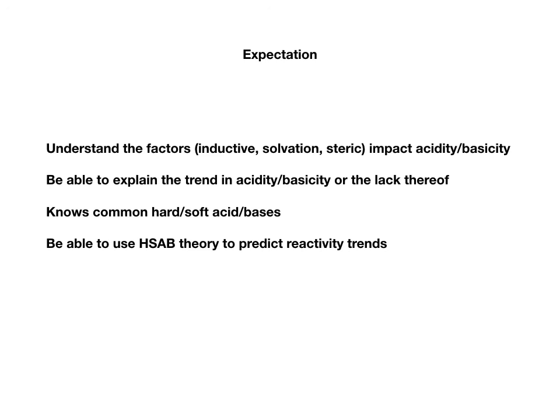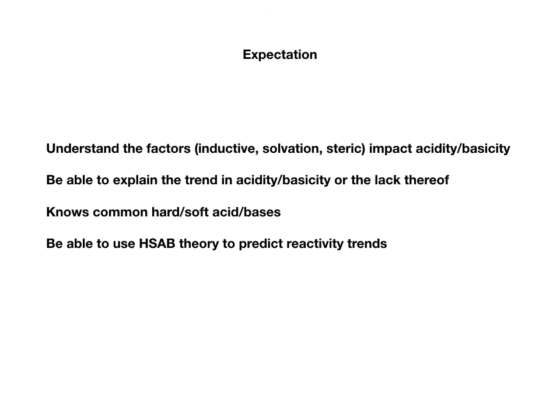I expect you to know the common hard and soft acids and bases. You do not have to know every Lewis acid and base in those two tables, but you should have a general idea of the characteristics of hard acids and hard bases, and which part of the periodic table you are most likely to find them.